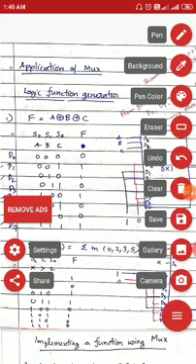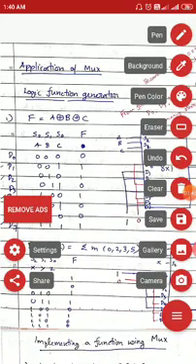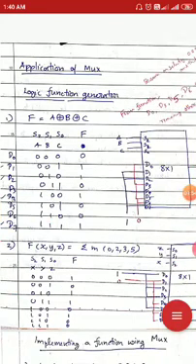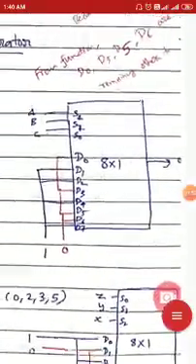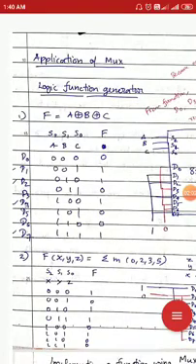Then how to implement the logic function? For that, let us see. First you have to draw the mux. So since there are three variables, it is a, b, c, there should be three select lines.